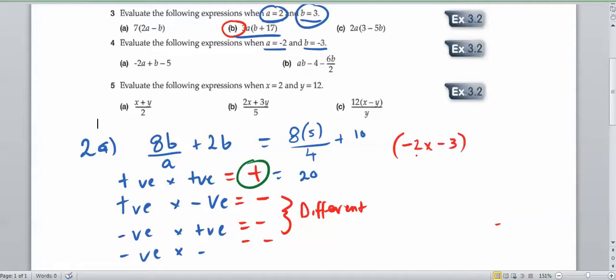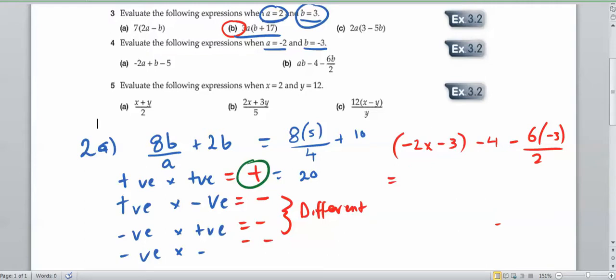Let's just leave it like that for now. And then we've got minus 4 minus 6B, minus 6 times minus 3, and that's over 2. You always need to do this in steps, because then if you make a mistake, you're still going to get marked for working.